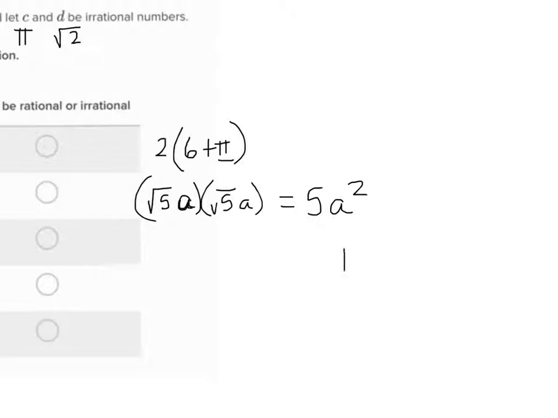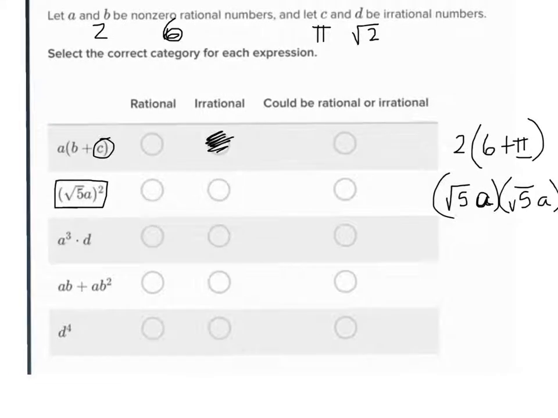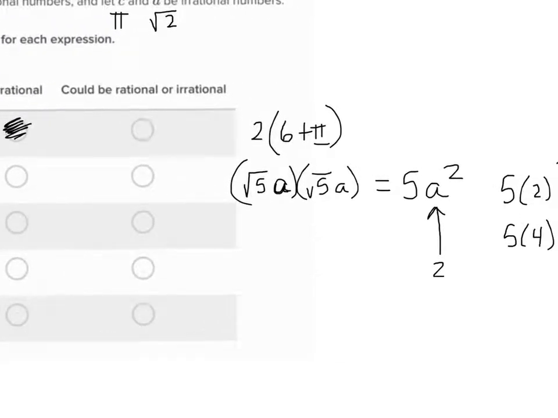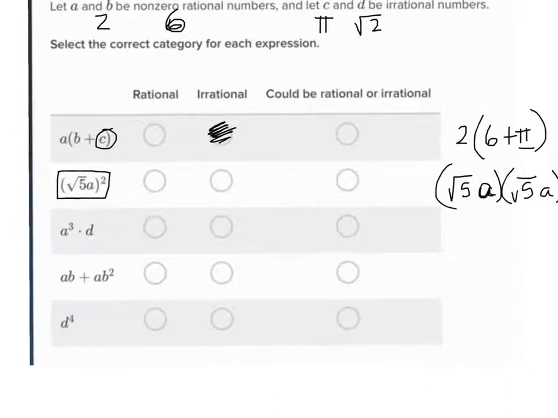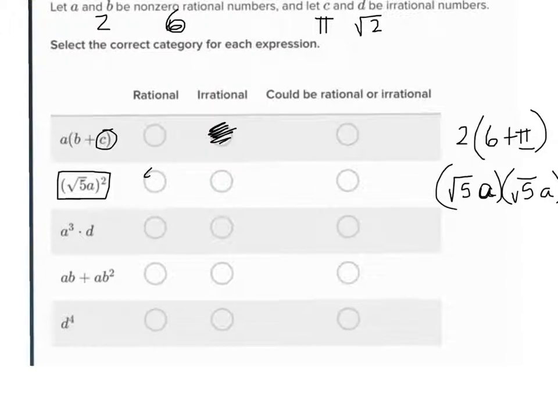Now let's take a rational number and put it in for A, like 2. So that'd be 5 times 2 squared, which is 5 times 4, which is 20. Well, I don't really see a way for me to plug a number that's rational in for A here and get an irrational out. And so I think it's always going to be rational.